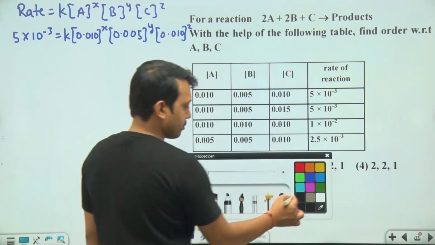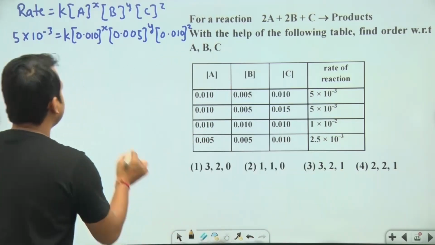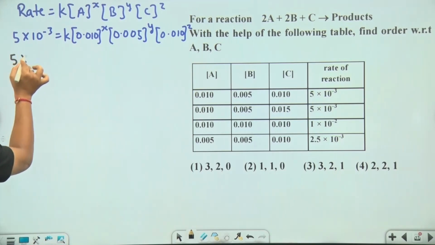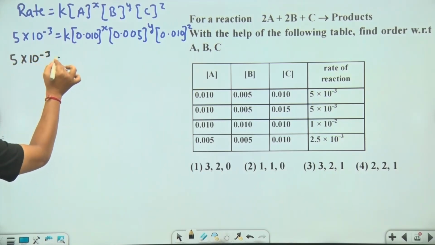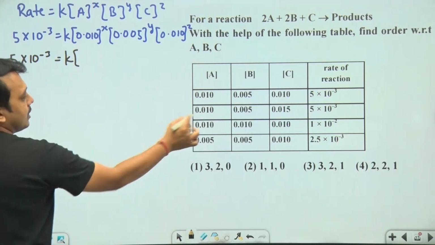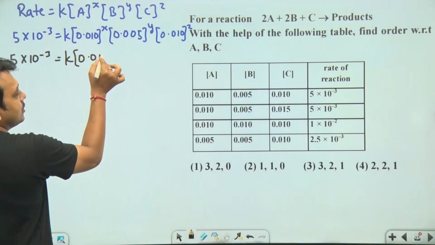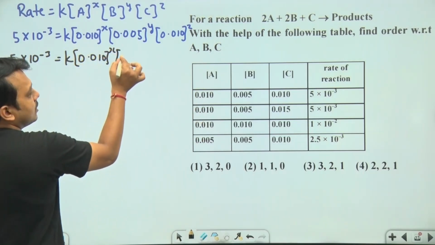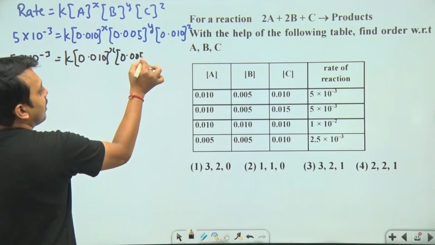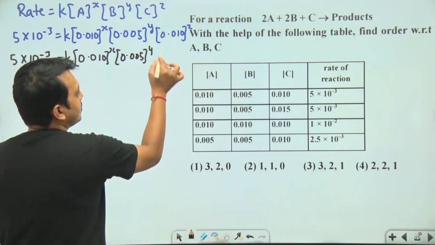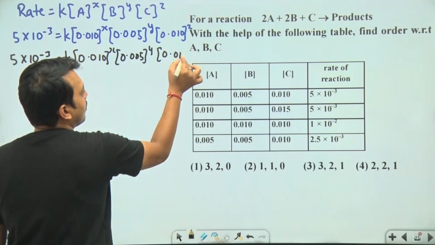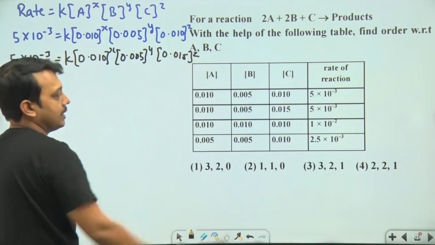Now from experiment number 2, we can write it as 5 into 10 raised to the power minus 3, that is equal to K, 0.010 to the power x, 0.005 to the power y and 0.015 to the power z. Clear?